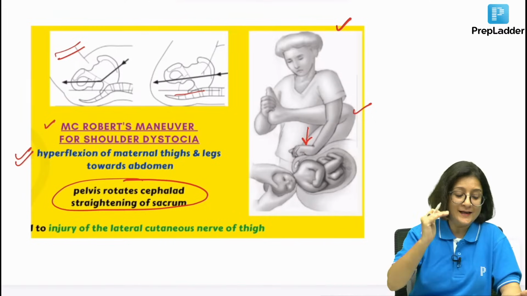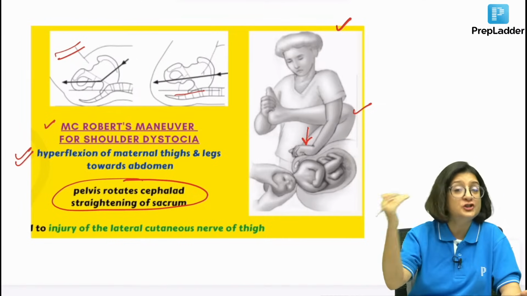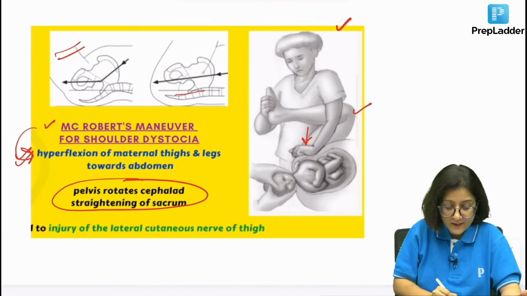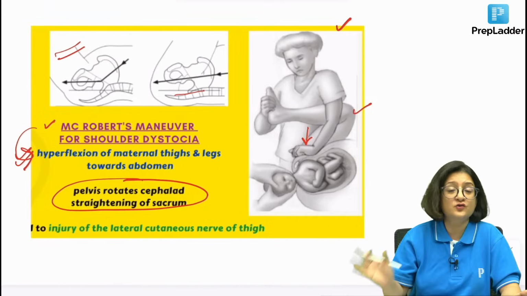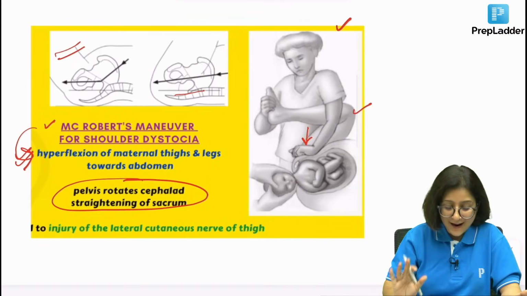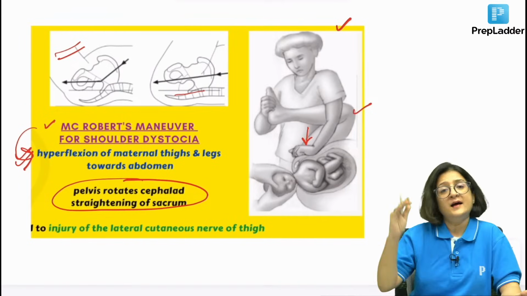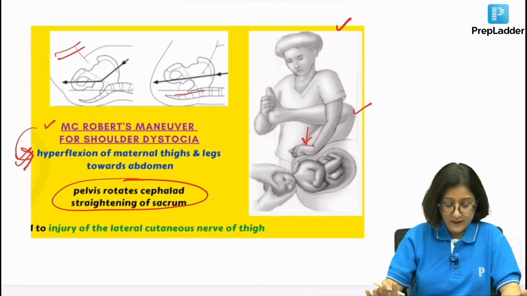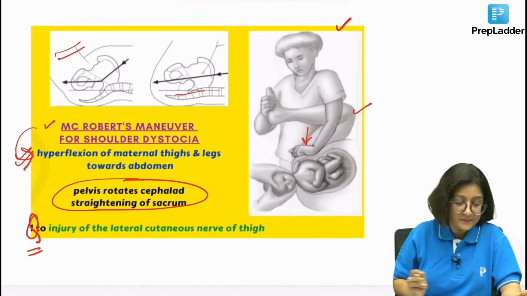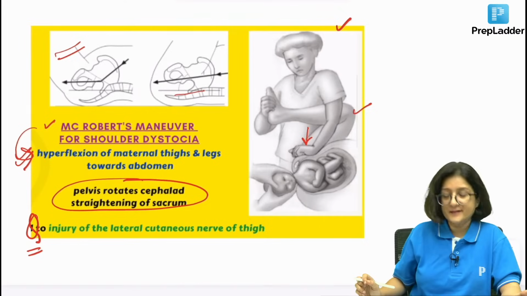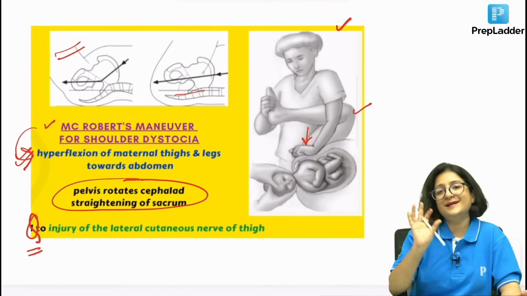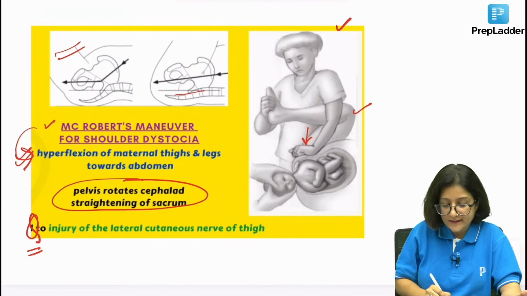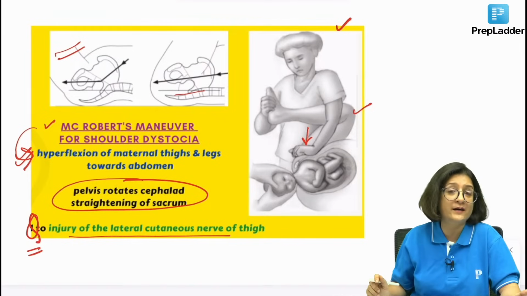Okay, now the assistant is also giving suprapubic pressure. Suprapubic pressure is in addition to McRoberts. So McRoberts means this hyperflexion of the thighs onto the maternal abdomen. That is McRoberts maneuver. Additionally, suprapubic pressure can also be given. And like you said here, you are rightly saying meralgia paresthetica. The one complication that this maneuver can result in is injury to the lateral cutaneous nerve of thigh.